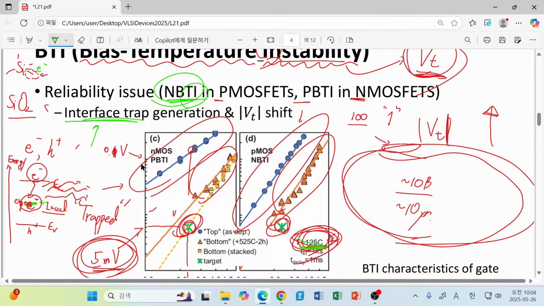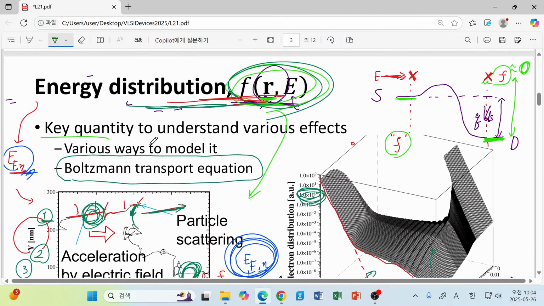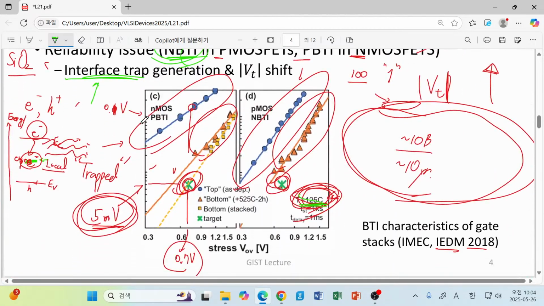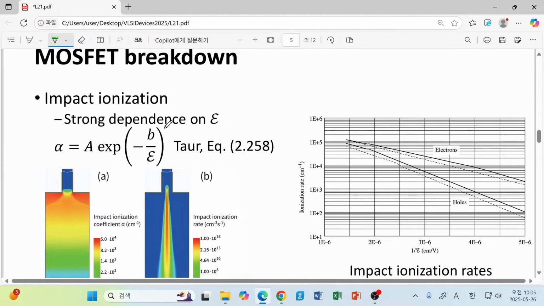High energetic electrons hit the weak structure, and that is regarded as the initial step to generate the defect states inside it, and it is closely related to this energy distribution function. We must know how many hot electrons are there. Of course, hot electrons are not the only single reason, but we know this distribution.